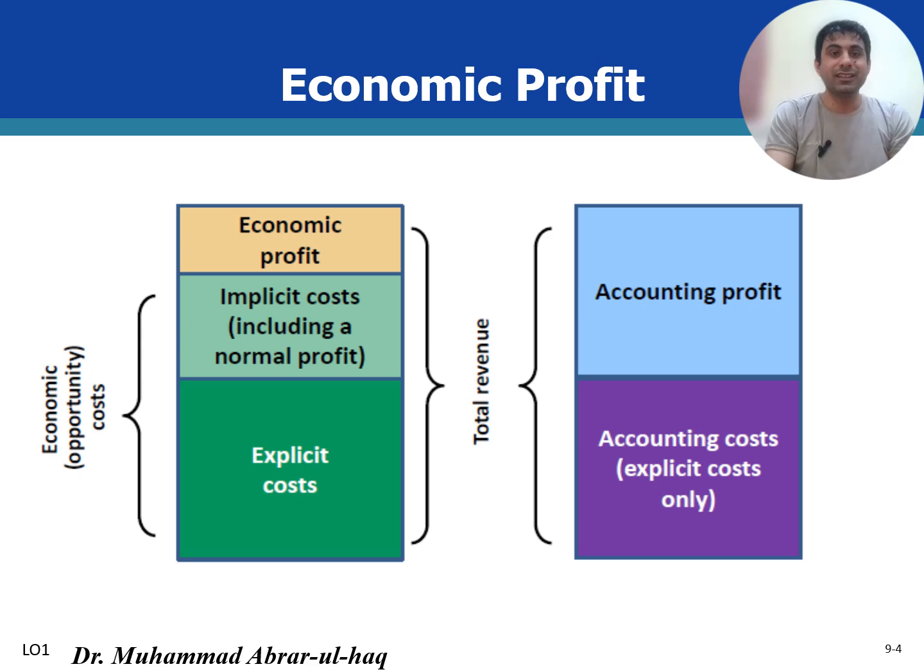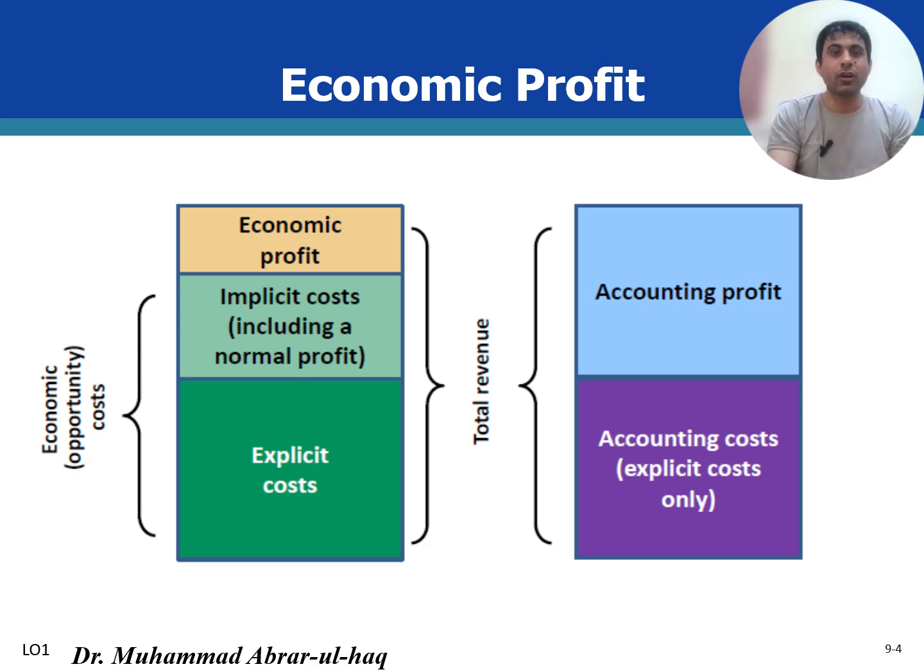Additionally, economic profit accounts for a normal profit, which is the minimum return necessary to keep entrepreneurs in the particular industry. On the other hand, accounting profit is simpler and is calculated as total revenue minus the explicit cost only. So it does not consider the opportunity cost.